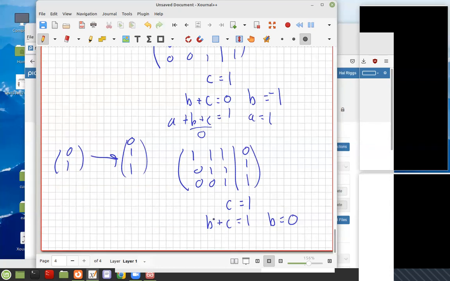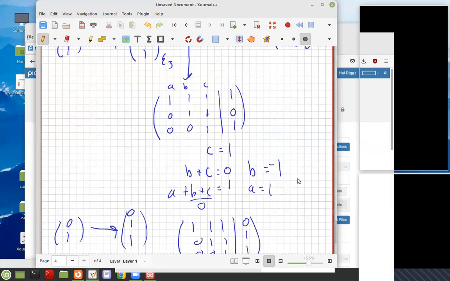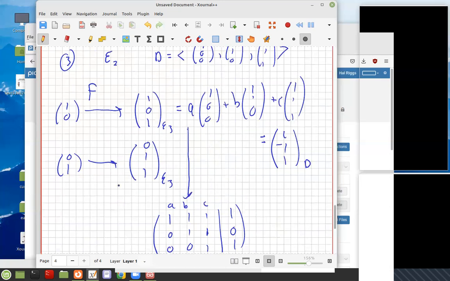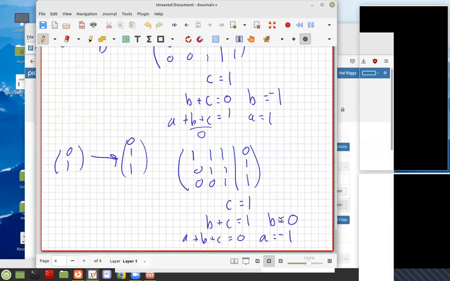And if B plus C is 1, then the last equation, A plus B plus C equals 0, and that's 1, then A has to equal minus 1. So that's (-1, 0, 1). So this one here equals (-1, 0, 1) in basis D.